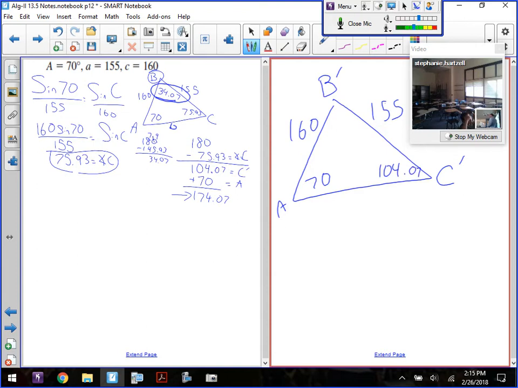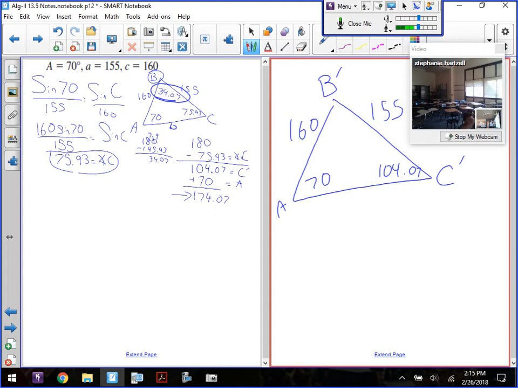And then I could solve for a second triangle of little b. And this happens because there's certain degrees you started with that you have left over, because it can bounce into the second quadrant.